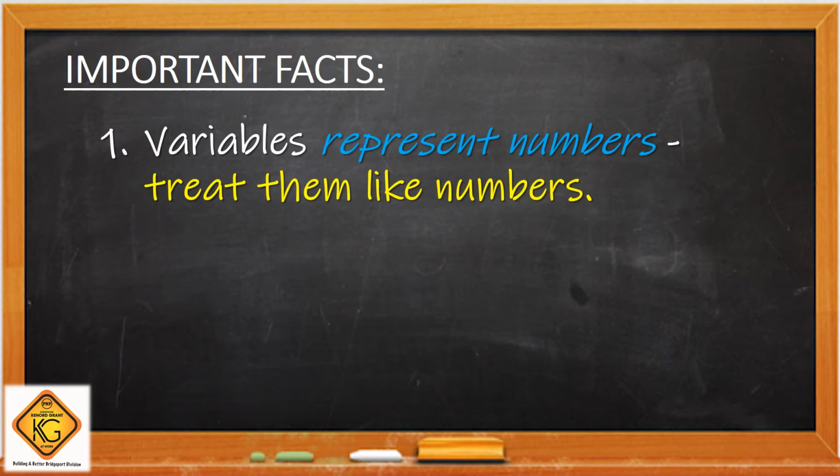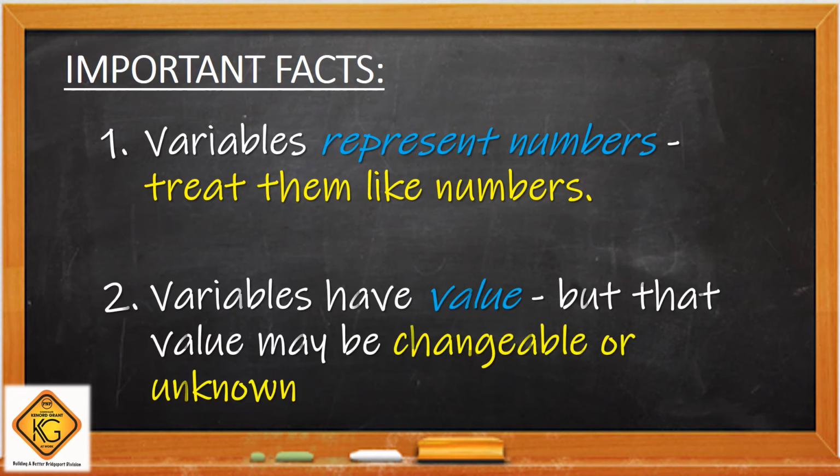We'll see that by the end of this video, and I'll further prove it when we begin to simplify algebraic expressions. And secondly, variables have value, but that value may be changeable or unknown at a given point in time.